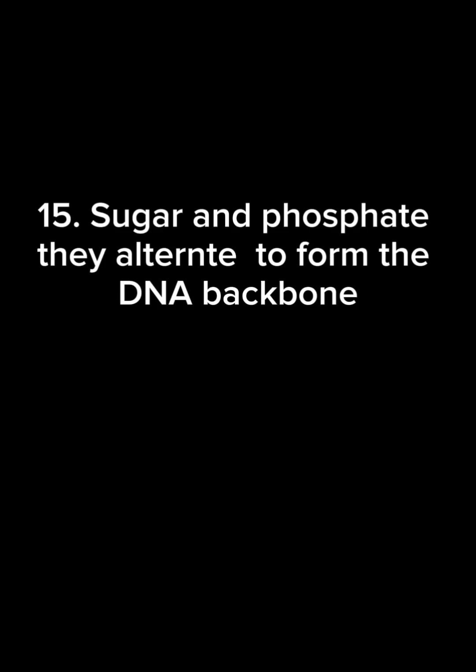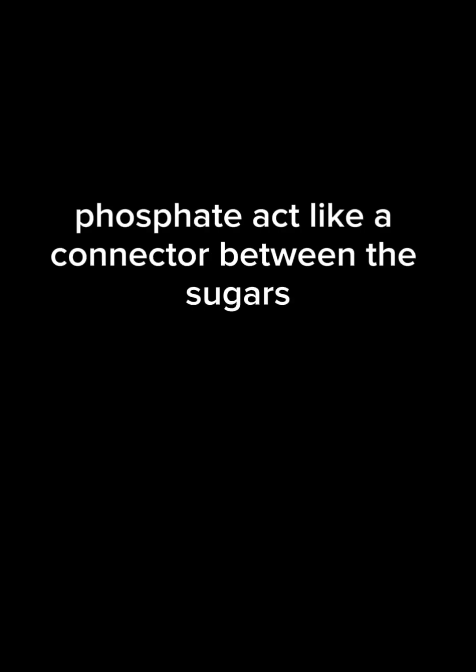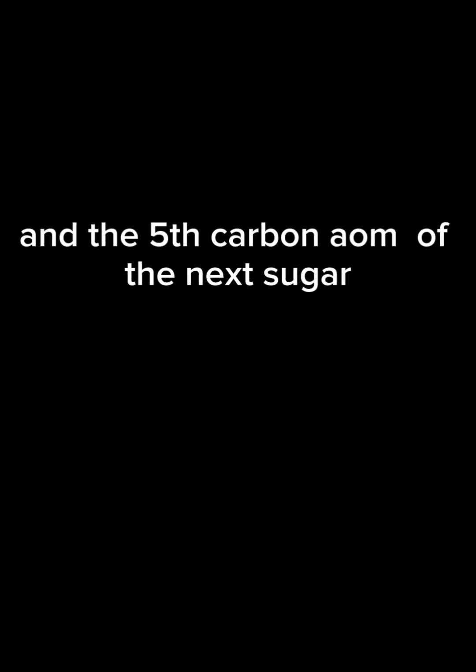Another thing to note is that the sugar and the phosphate alternate to form the DNA backbone, and therefore the phosphate acts like a connector between the sugars by forming the phosphodiester bond between the 3rd carbon atom and the 5th carbon atom of the next sugar.